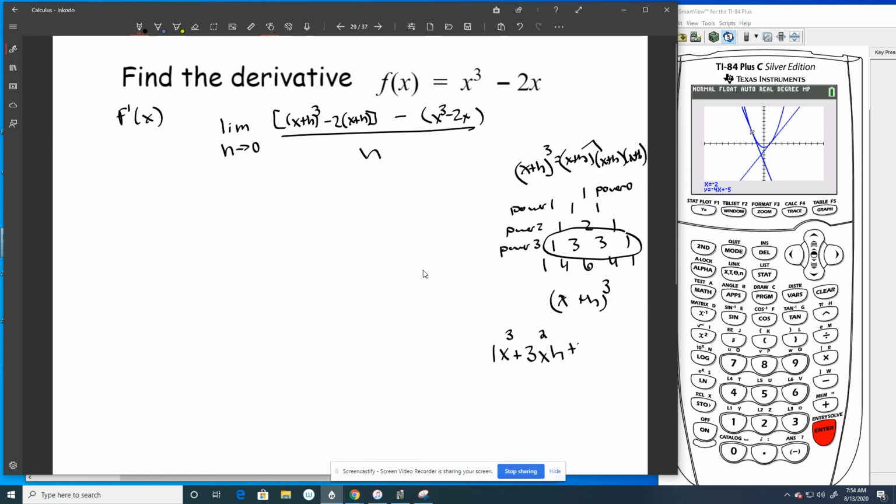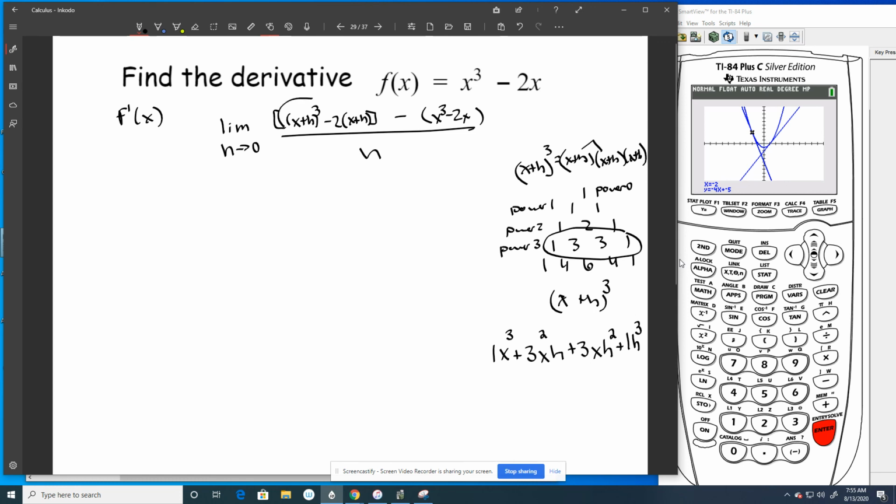Then I have another 3, and I lower my x exponent again to just x, but I raise my h exponent to 2. And then I have a 1, and this time I lower my x exponent again, so the x's go away, and I raise my h to the third power. So you can FOIL it and multiply it, or if you can remember Pascal's triangle, you can use that method.